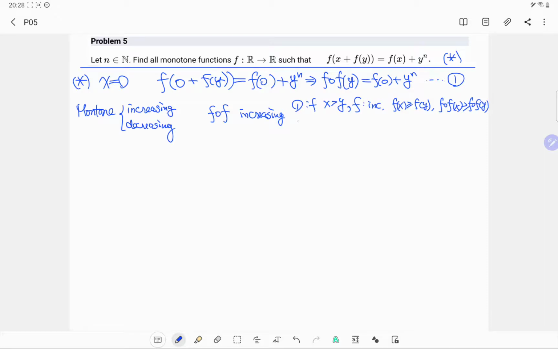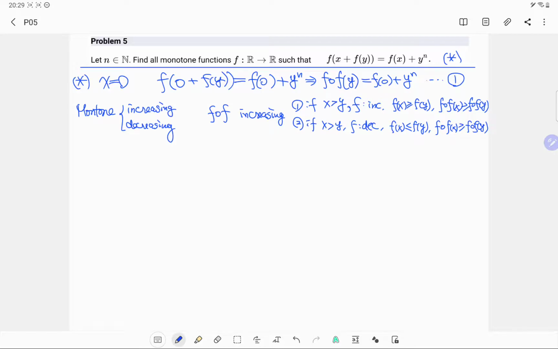For the other case, if f is decreasing, then f(x) will be smaller or equal to f(y). If we apply f again, then f(f(x)) is larger or equal to f(f(y)), which means that f of f is increasing, which is stronger than monotonic.